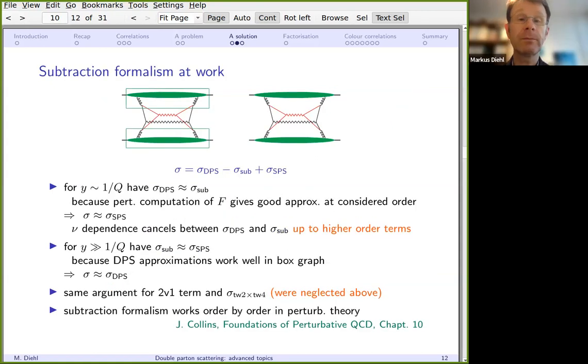So why does this subtraction formalism work? Let's see how it works. For that purpose, this is now meant to represent my double parton scattering formula at small y, where you have a splitting. And this is meant to represent the single parton scattering two-loop calculation.